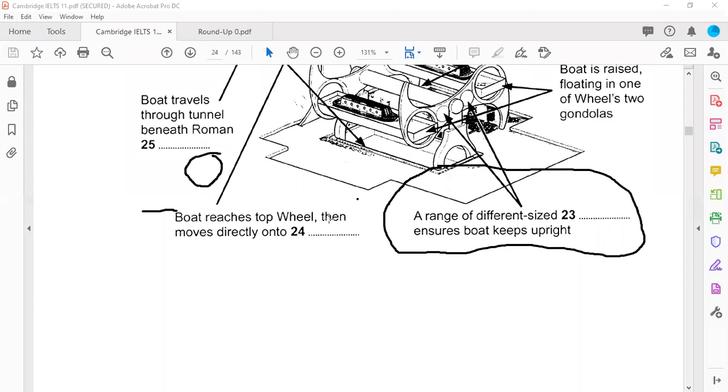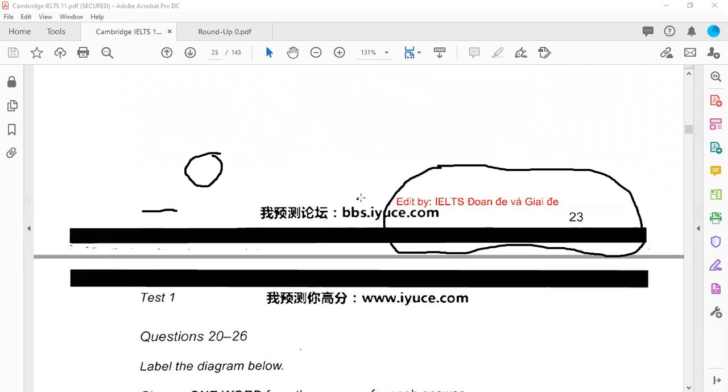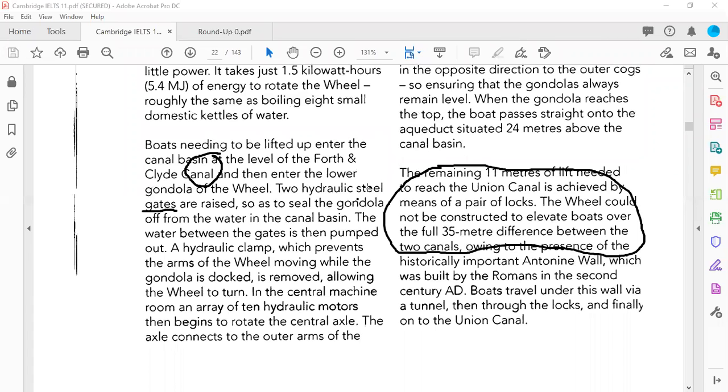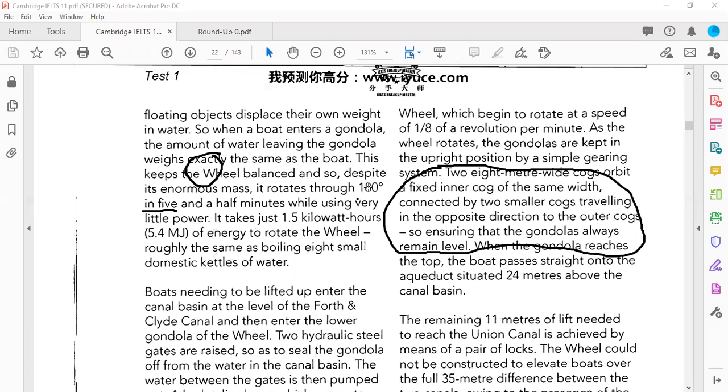Okay, boat reaches the top level, then moves directly onto what?